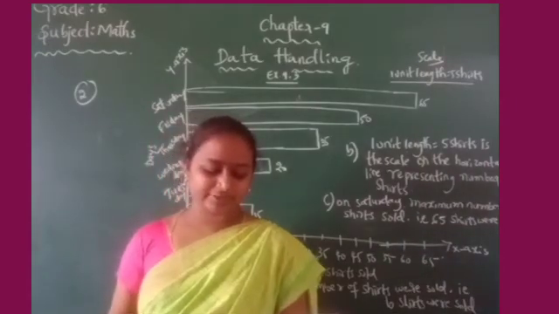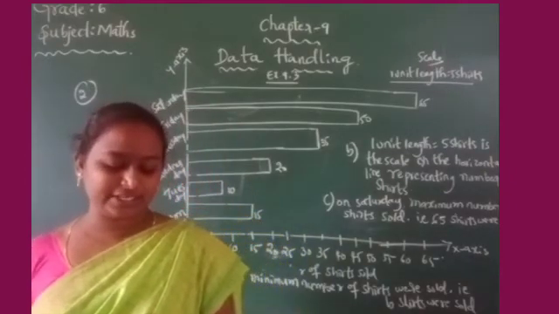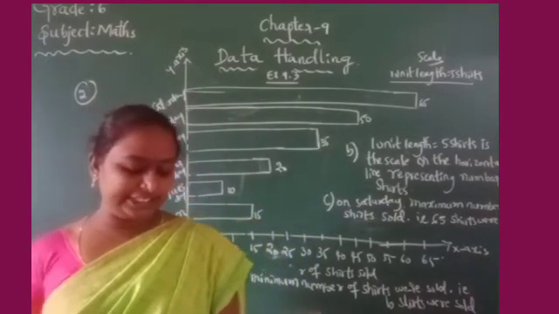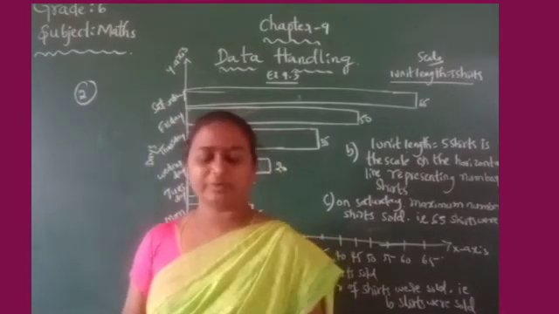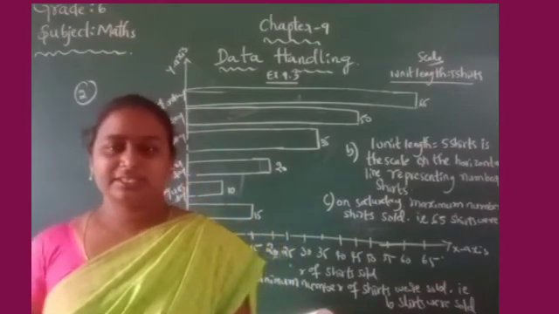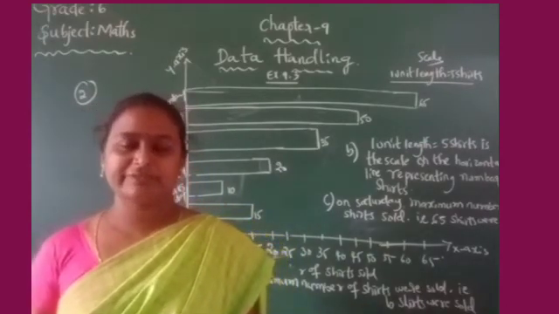Observe this bar graph which shows the marks obtained by Aziz in the half-yearly examination in different subjects. So actually here is the information about Aziz's written exam, he got different marks in different subjects.